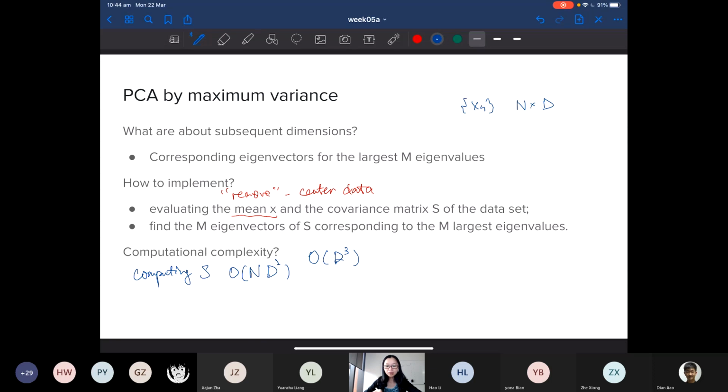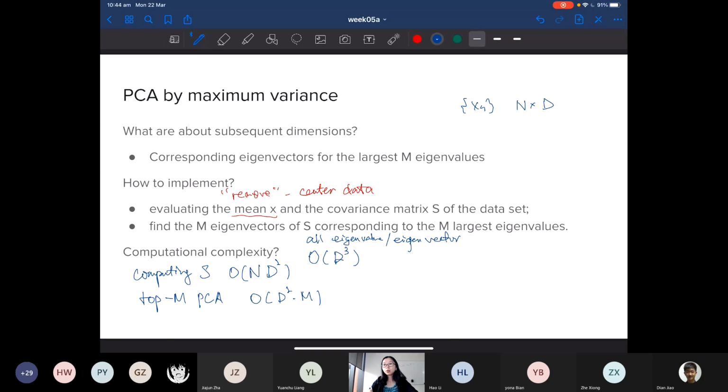And then computing all eigenvalues and eigenvectors is a cubic time algorithm in numerical analysis. But if we're computing only the top eigenvector, or the top m PC dimensions, then it's order of D squared times m.